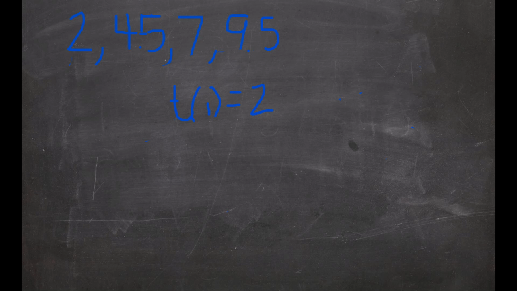The recursive part describes how we get from T of n to T of n plus 1. If we take any value in the sequence, which is T of n, and add 2.5 to that, we get the term that is 1 more than that, which is why we have T of n plus 1. And there we have it. This is our recursive equation.